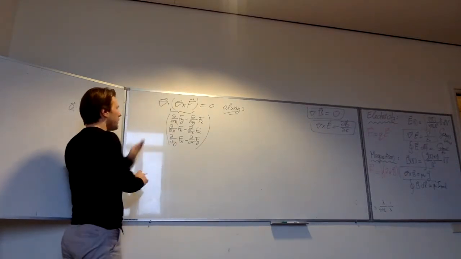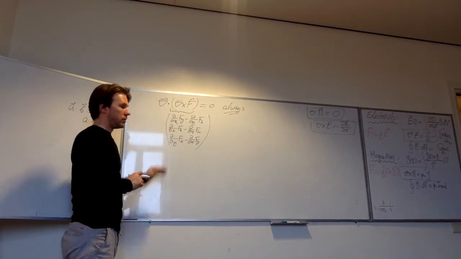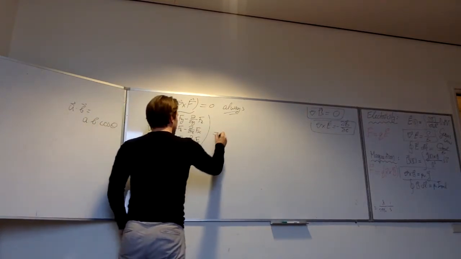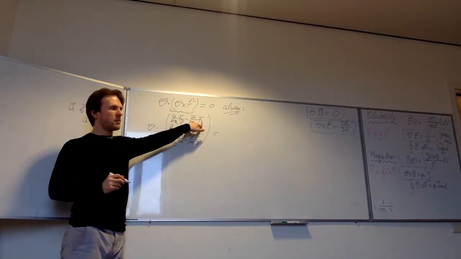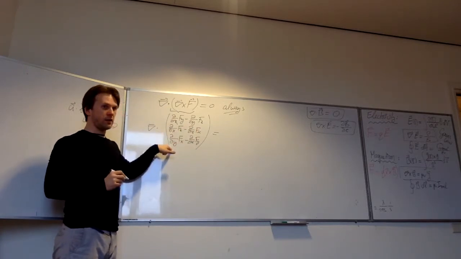Now we have a vector, and we have to take the divergence of this. As you know, the definition of divergence is that you take the x derivative of this thing plus the y derivative of this thing plus the z derivative of this thing.